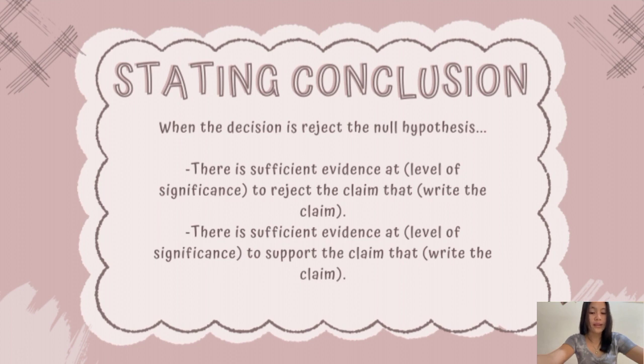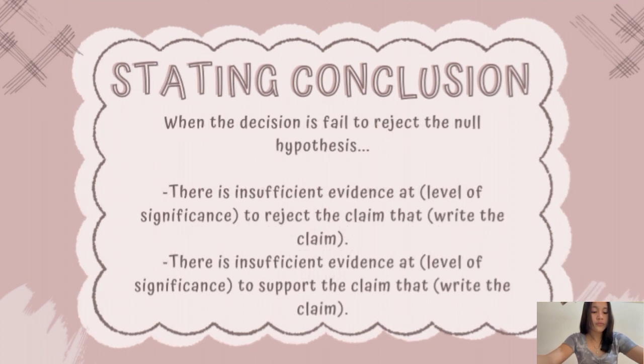There is sufficient evidence at, let's say, 0.05 level of significance to reject the claim that men prefer engineering courses than women. Or you may say there is sufficient evidence at 0.05 level of significance to support the claim that men prefer engineering courses than women.